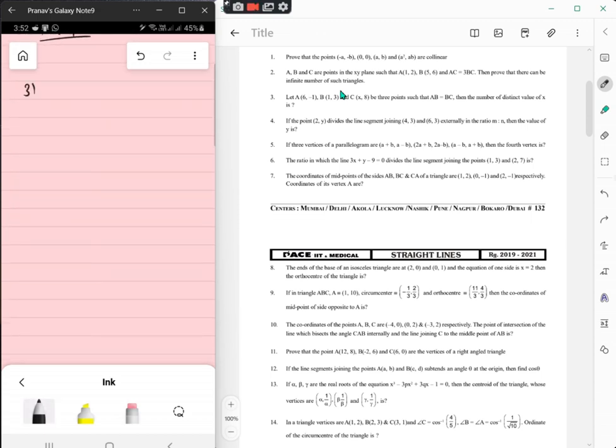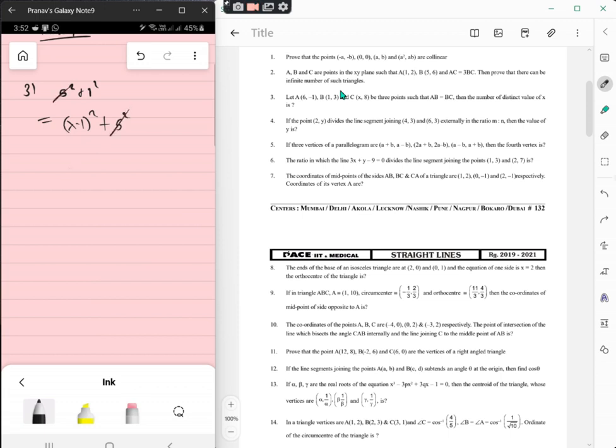Third is: let A, B and C be these values. Okay, these are 3 points. Is that AB equal to BC? Oh, okay. Then the number of distinct values of x is, fine. AB equal to BC. So AB squared equal to BC squared. So using Pythagoras theorem, 5² + 4², so this will be 4², equal to, what's BC squared? (x - 1)² + (8 - 3)², I think, so 5².